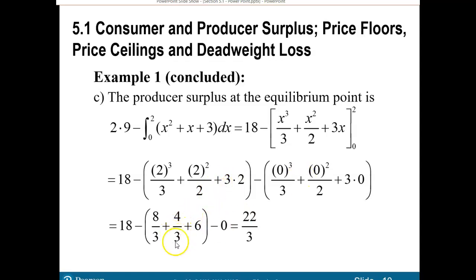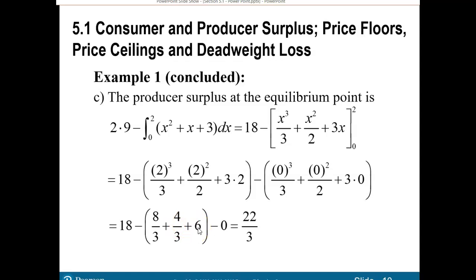4 over 2 plus 6, and then all this is a 0. And then I would check here, let's see, I think the answer, let me see here, you didn't catch this earlier. So 8/3 plus 4/3, it should be 8/3 plus 4 over 2. If this was a 2 on the bottom, 4 over 2 is 2, plus 6 is 8.